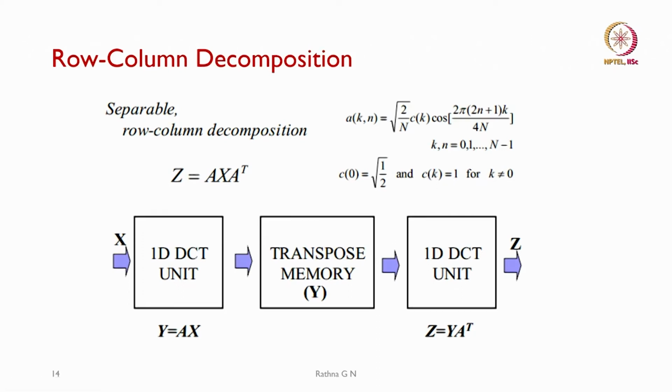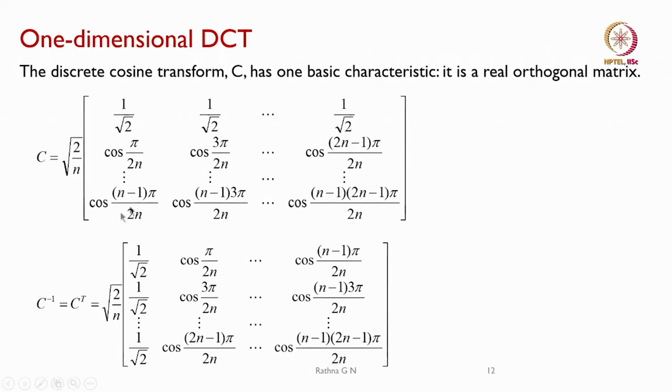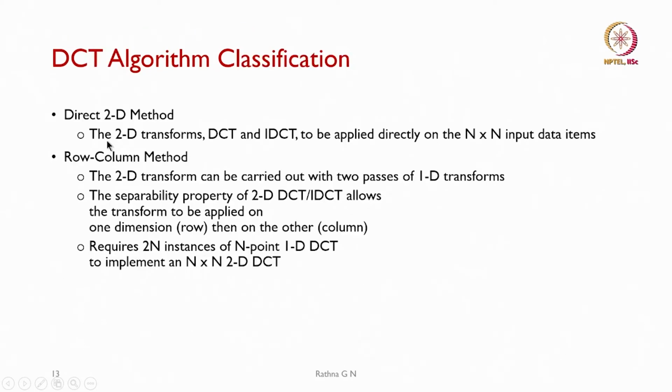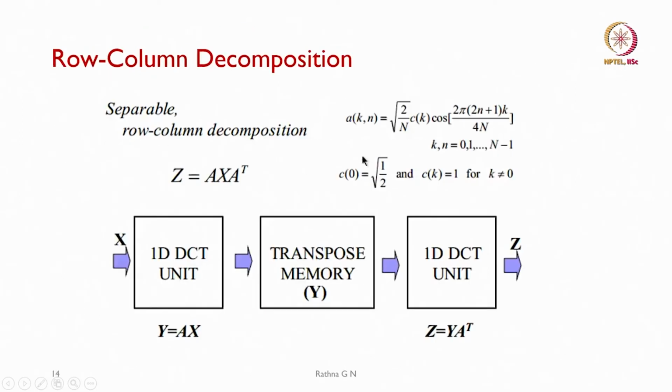As you can see in the previous one, we have taken root 2 by n, so this is 1 by root 2. So the first c 0 is 1 by root 2 basically, and the rest of them we can assume as 1.